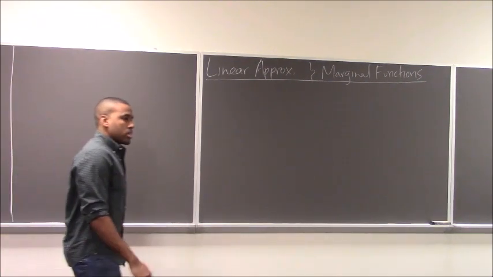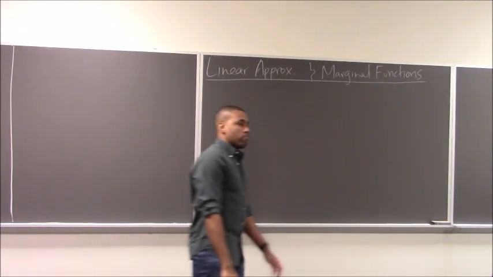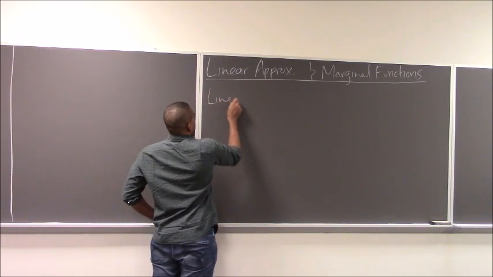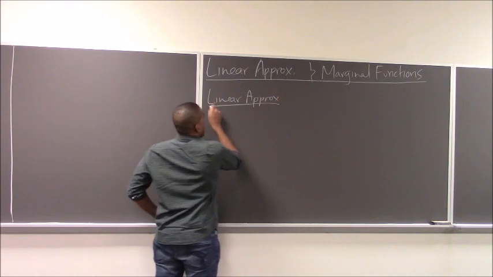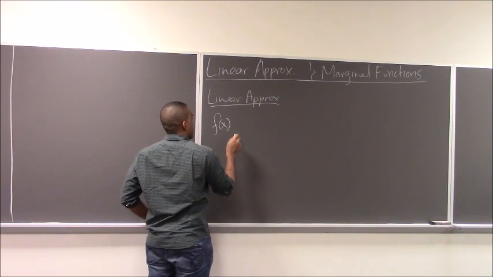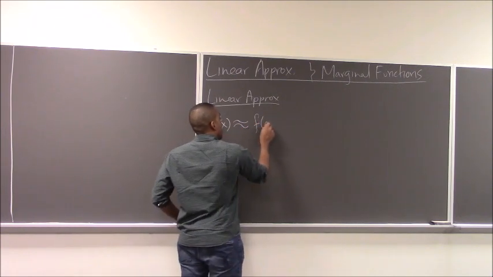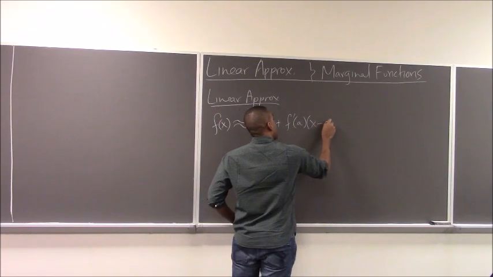Remind me of the linear approximation formula. Okay, so we're reviewing linear approximation. It says that f of x is approximately close to f of a plus f prime of a times x minus a.